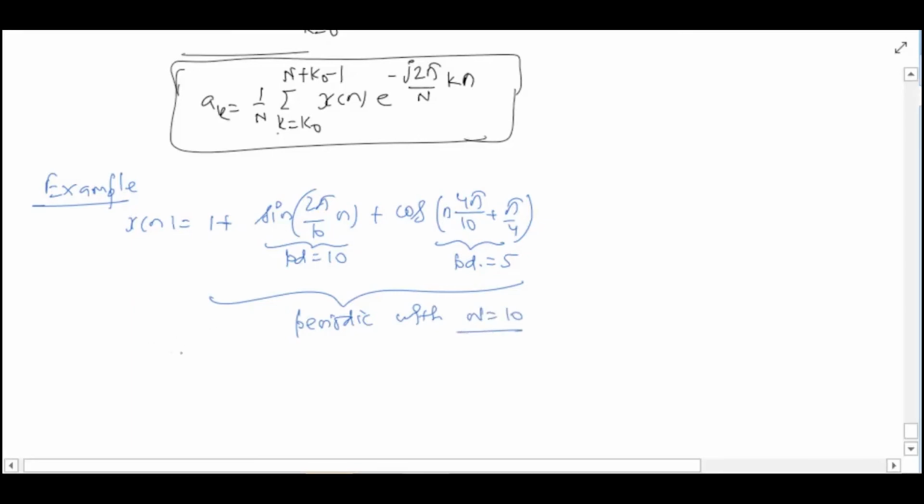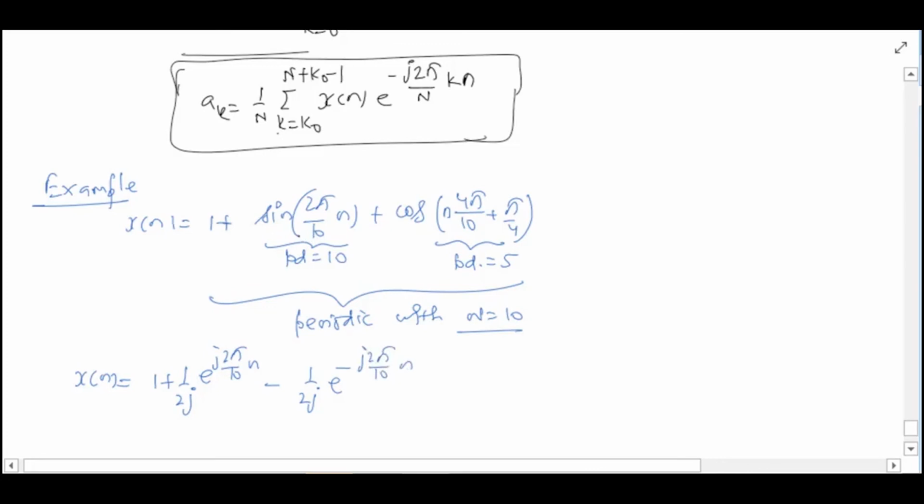Now we can see that x[n] can be written as 1 plus 1 over 2j e raised to j 2 pi by 10 n minus 1 over 2j e raised to minus j 2 pi by 10 n.